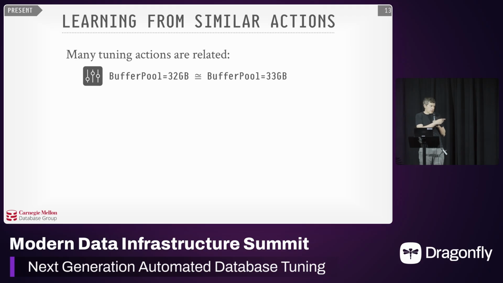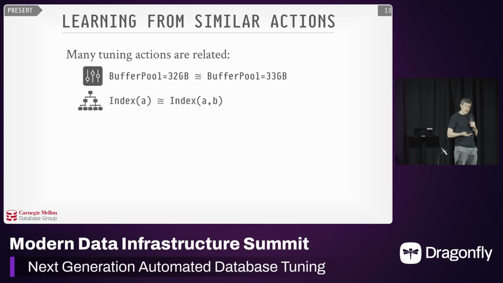But all of these tuning algorithms look at all of these discrete choices, have to consider all of them, and don't know that things close to each other are going to be the same. Likewise, if I have an index on A, it's probably going to be about the same as an index on AB, right? Of course, we need to know that an index on A is not the same as an index on BA in many systems. So you have to be aware of where the structural similarities are correct and where they're not.